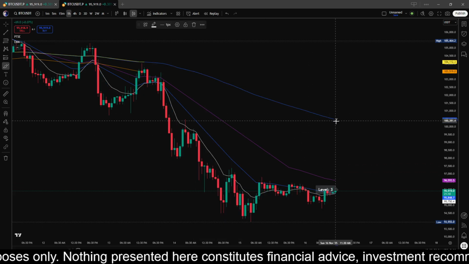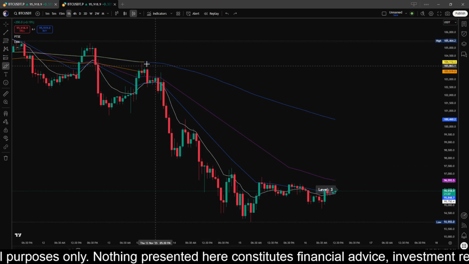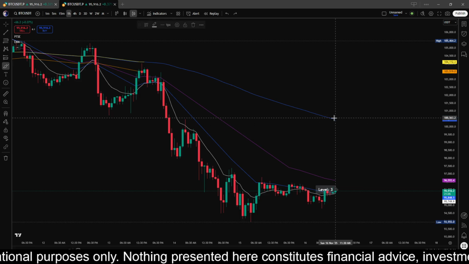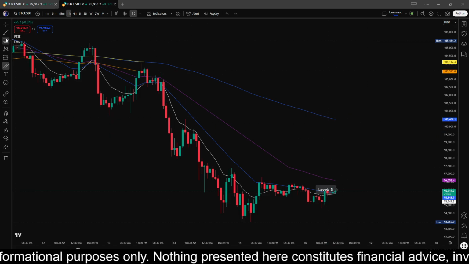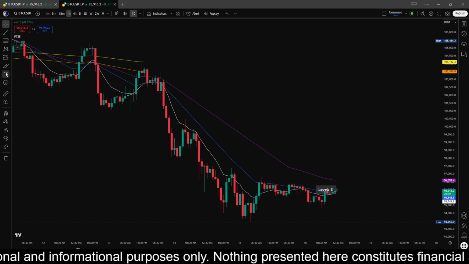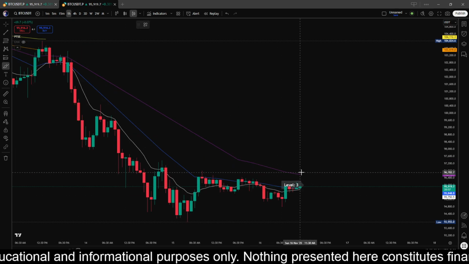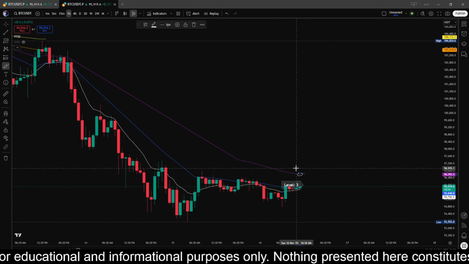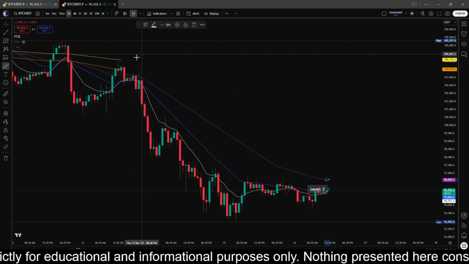See, it's here. Actually, this 200 EMA is supposed to be here, right? But it's not here. Why? Because right now price did not close above this 50. I think, yeah, this is the 50.